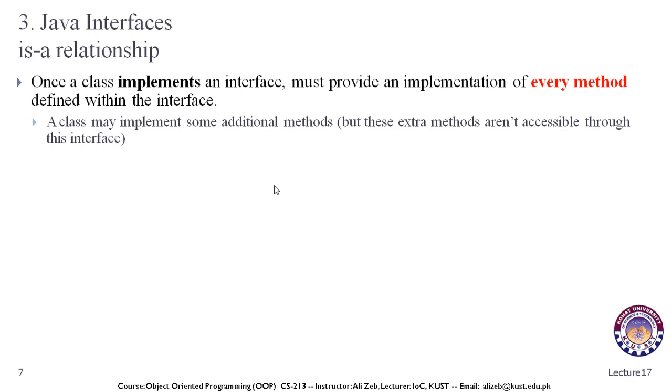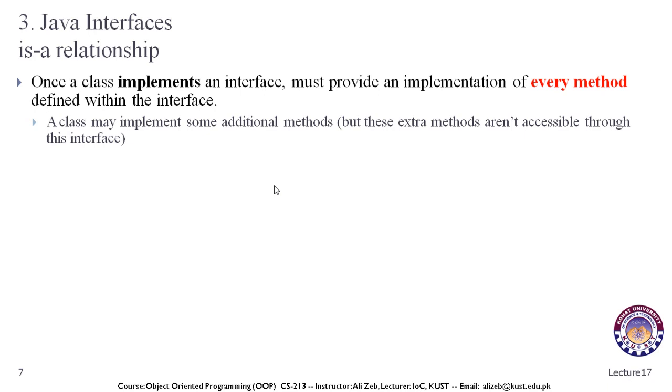It's the same as with superclasses. When we inherit the methods from a superclass, a subclass can have its own methods that are additional to the ones that have been extended from the superclass, and those subclass methods are not accessible through the objects of the superclass.